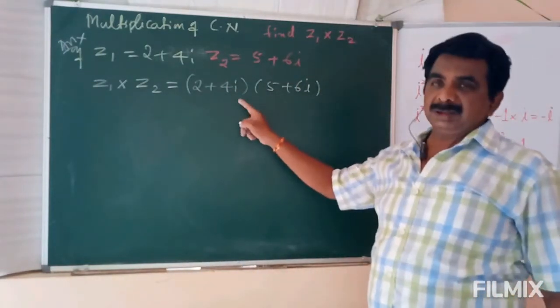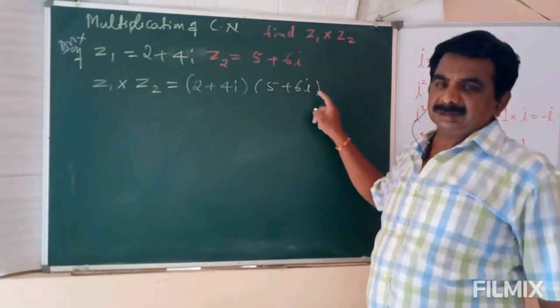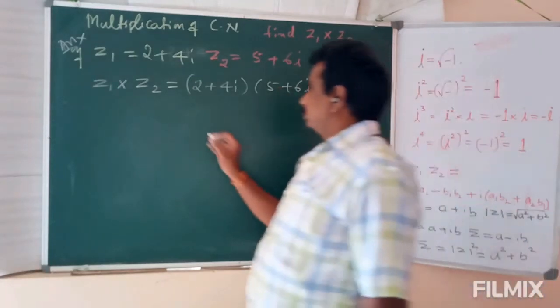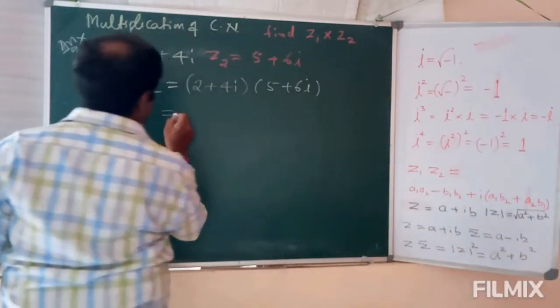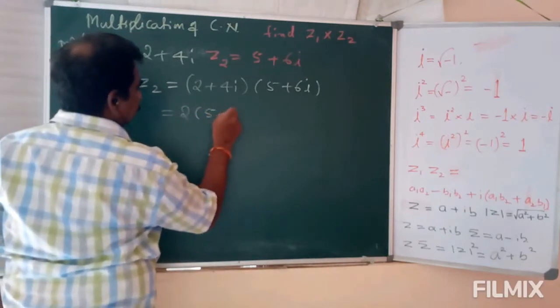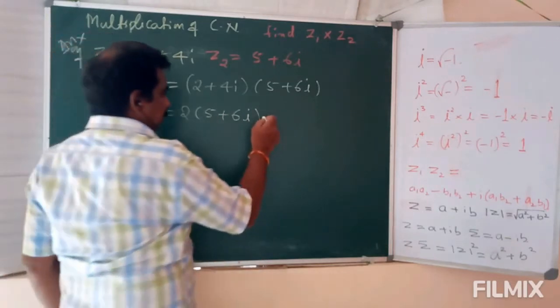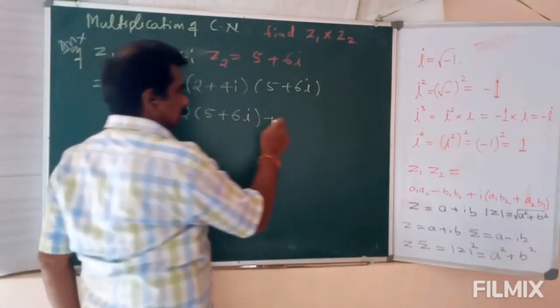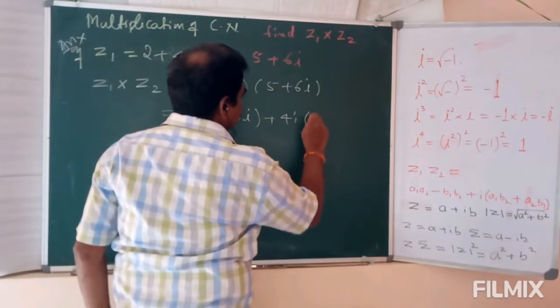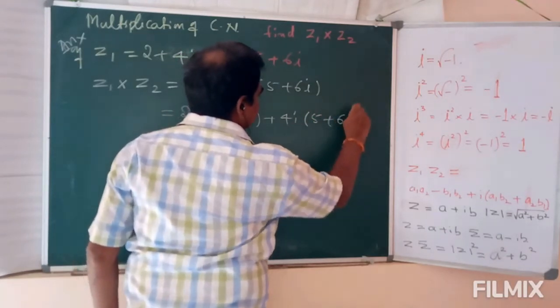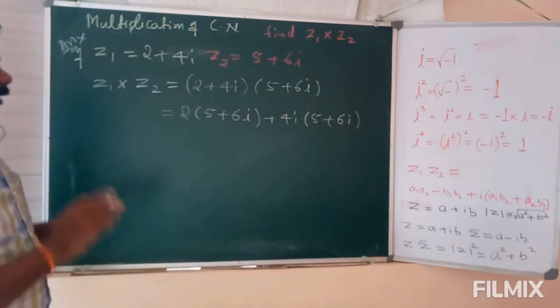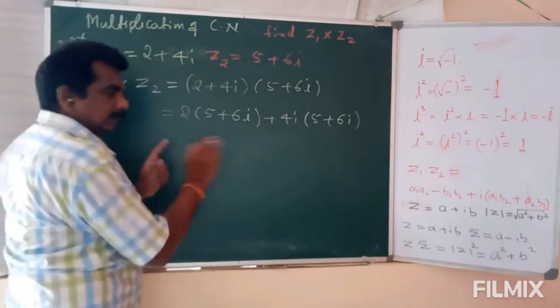That's all. First, you have to multiply 2 into 5 plus 6i plus, what is here? Plus 4i into 5 plus 6i. Factorize, you have to multiply.